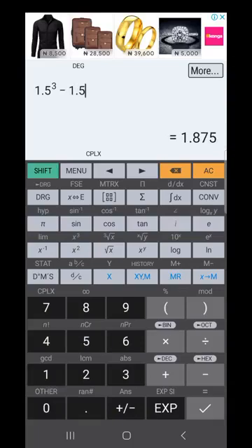Okay, this is looking good. Minus 1 is positive.